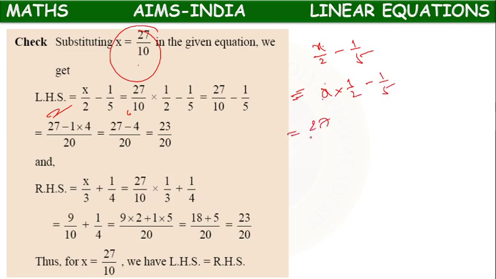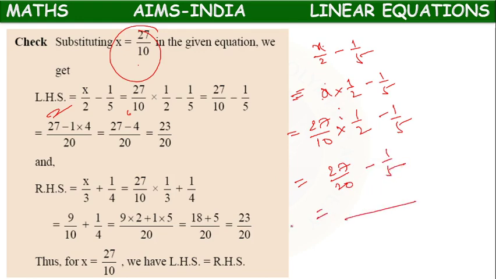What is x here? 27 by 10. So 27 by 10 into 1 by 2 minus 1 by 5 is 27 by 20 minus 1 by 5. The LCM is 20 only.